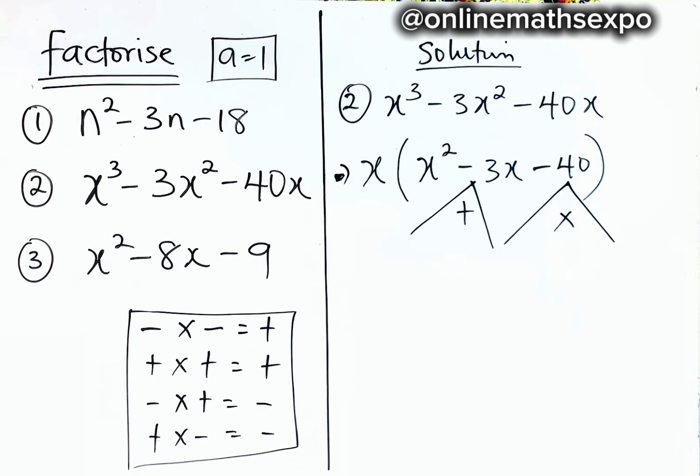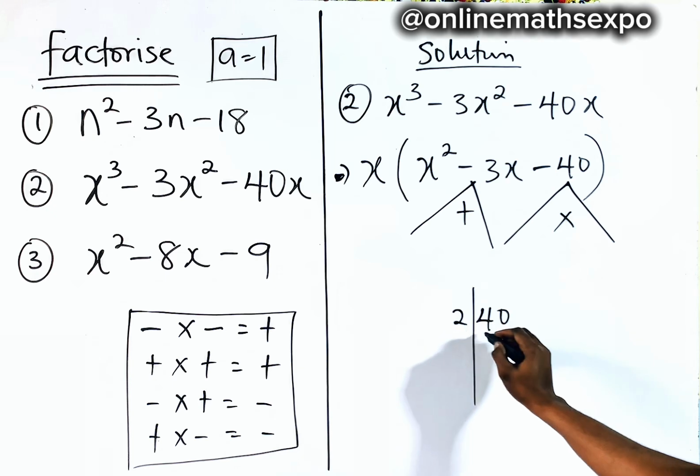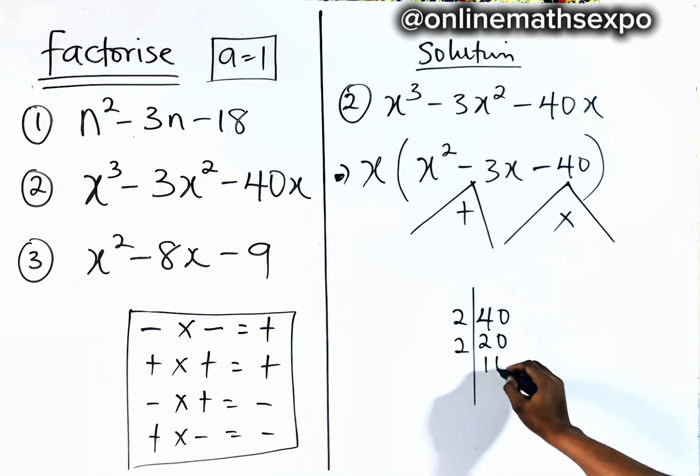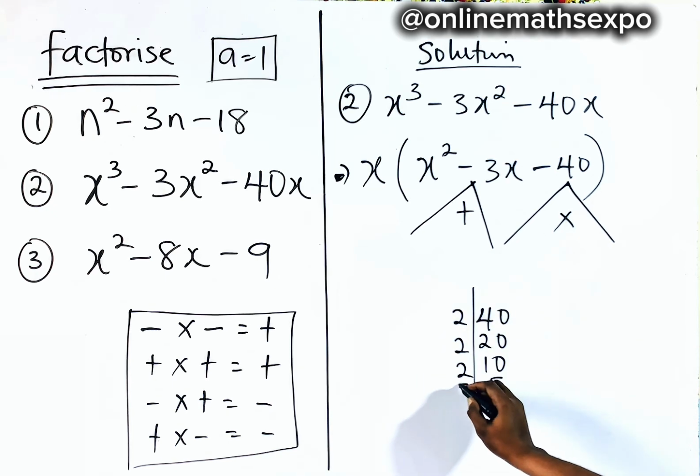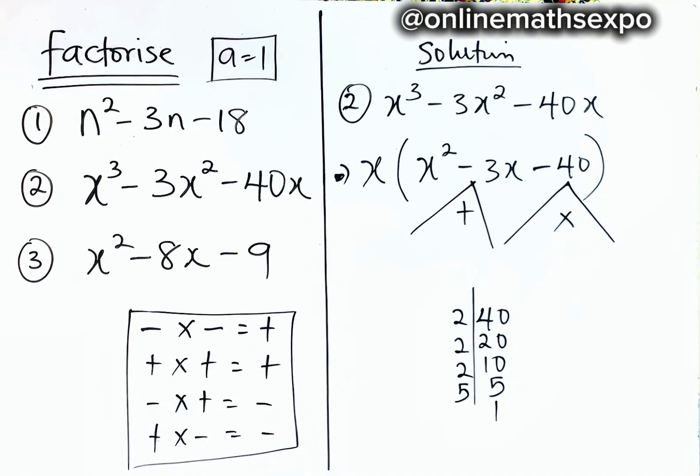So let's quickly run it down. This is 40. 2 here will give us 20. 2 is 10. 2 will give us 5. 5 is 1. Now we are targeting still negative 3. So let's just work carefully.